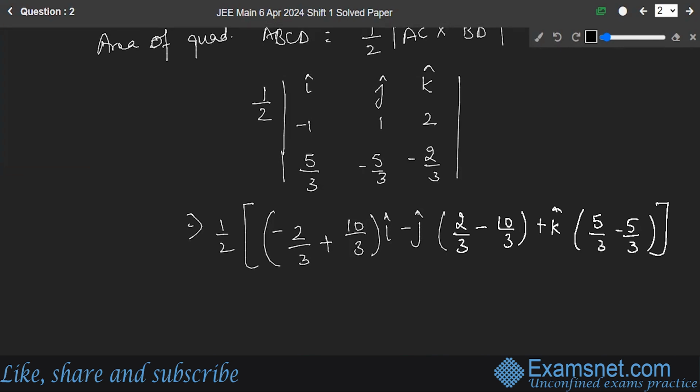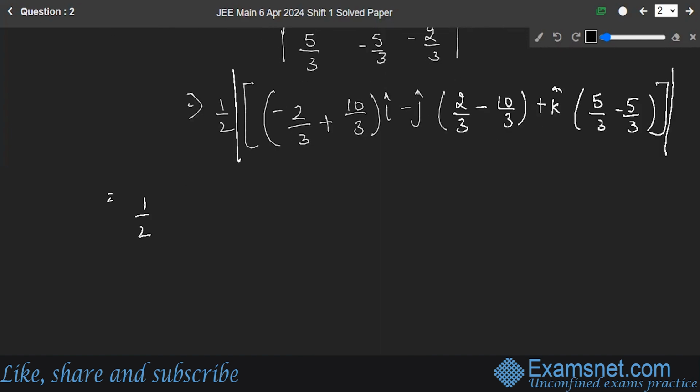Okay, so this is the one. Let's find the magnitude because I have to find the magnitude of it, right? So let's solve it first. This will give you 8 upon 3 I, and this will give me minus 8 upon 3 J, right? And the K will be 0.